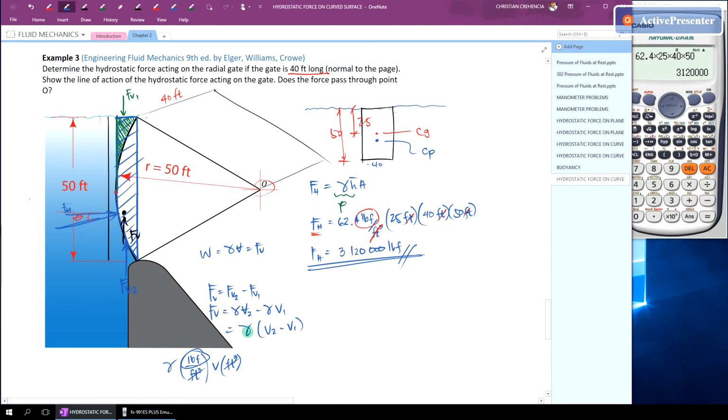So, paano natin makuha yung volume? So, that is area times width. And this is area 2, area 1 times width. So, same lang naman yung width natin. So, pwede natin din siyang i-factor out.